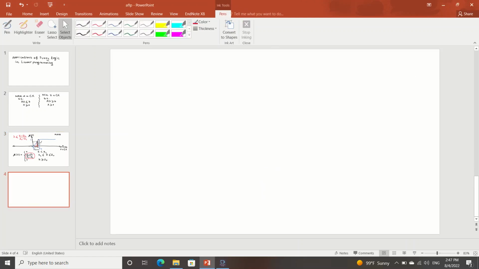Okay. So I can write the crisp model after converting the fuzzy to the crisp.